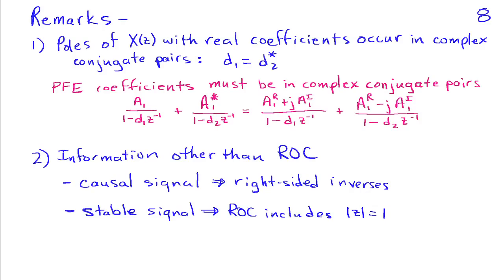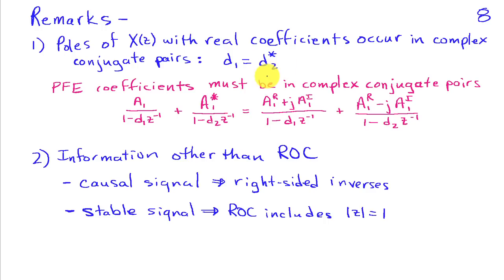In closing, I want to make a couple of remarks, and one is that if X of z has real coefficients, then the poles are going to occur in complex conjugate pairs, because the roots of polynomials with real coefficients occur in conjugate pairs. So for example, if we have a pair of conjugate poles, d1 and d2, then d1 has to be equal to d2 conjugate.